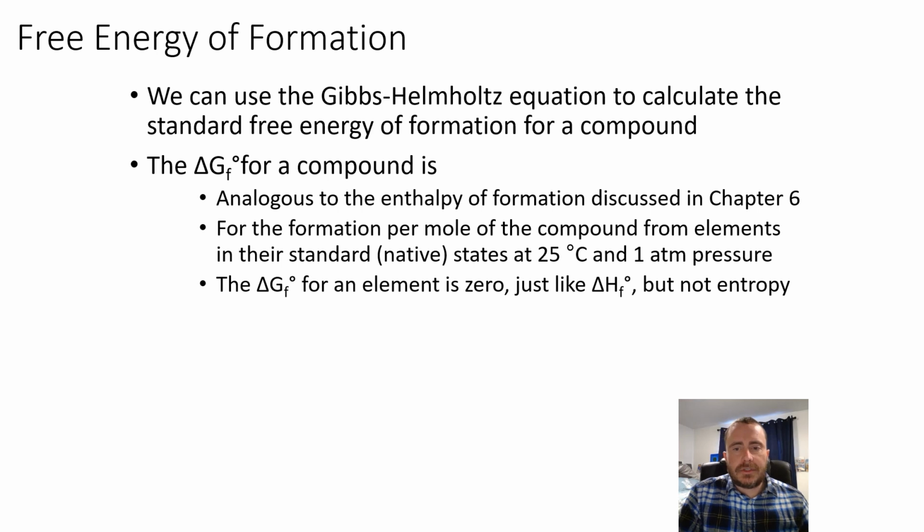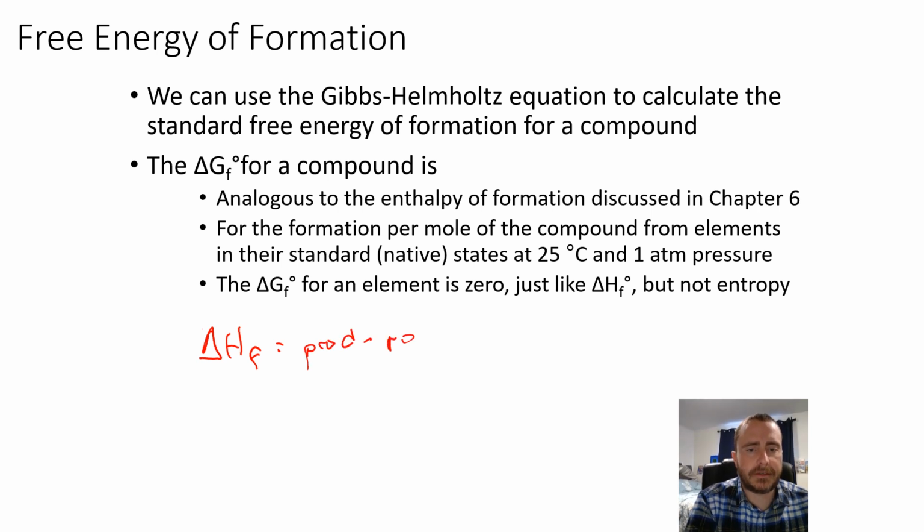Just like for our enthalpies, we could calculate the enthalpy of formation by doing products minus reactants. And we did that. That's how we get those values that are in the tables where you can look these things up.